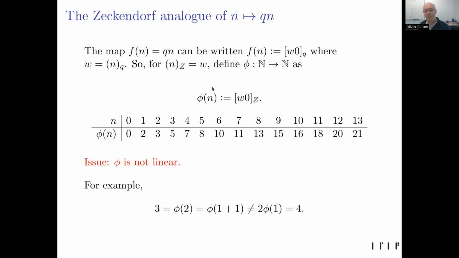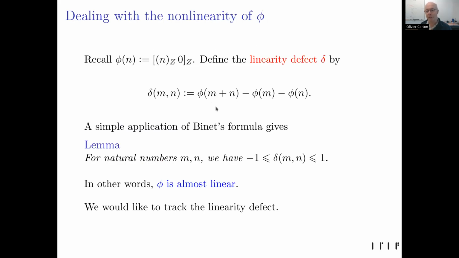And actually, it was a problem because more or less, when you multiply a power series, you add an exponent. And since we will use this function little phi in the exponent, it will make a problem. Actually, the idea was to see that this function little phi is not linear, but as we will see, it's almost linear. So we introduced what we call the linearity defect.